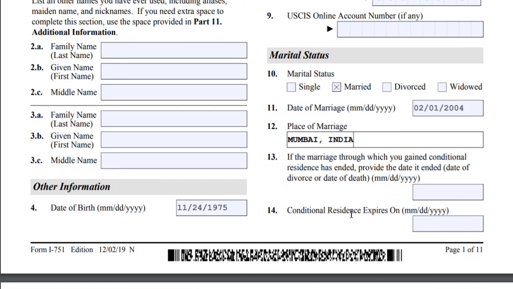Conditional residence expires on. So this question 14 is when your conditional residence expires. It's on your green card. It's 2 years after you were initially approved for or received your permanent residence.